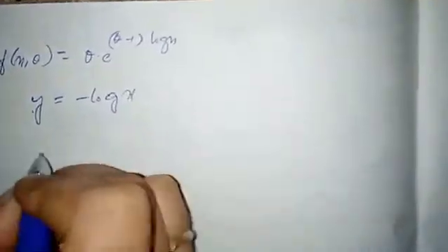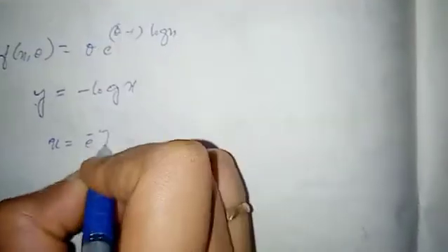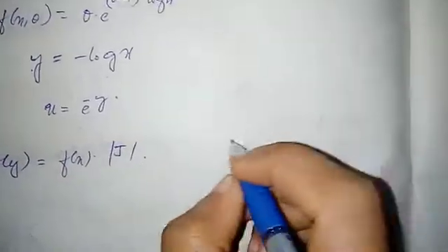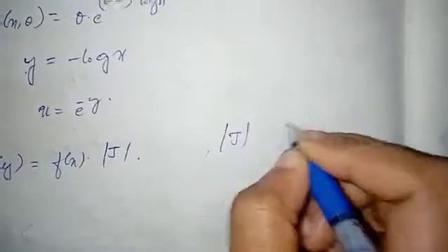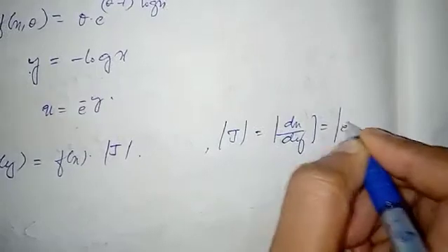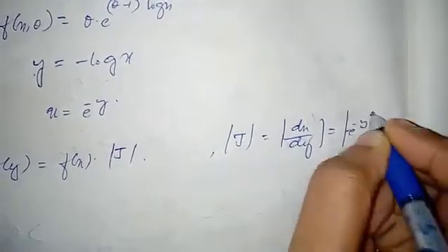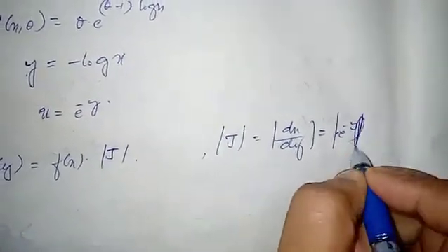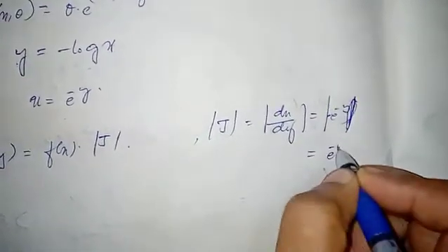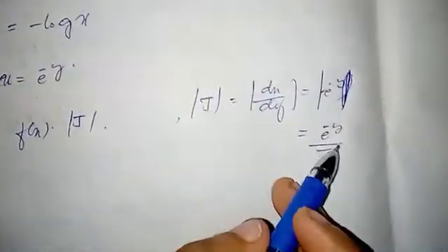Then x equals e power minus y. Then using that we obtain the density of y, that is f of y equals f of x into the Jacobian. The Jacobian equals dx divided by dy, that is e power minus y into minus 1, and taking the modulus, the Jacobian is e power minus y.